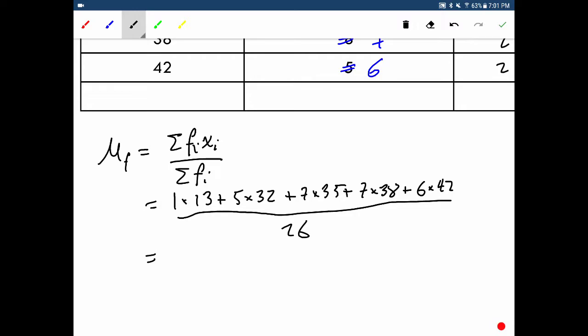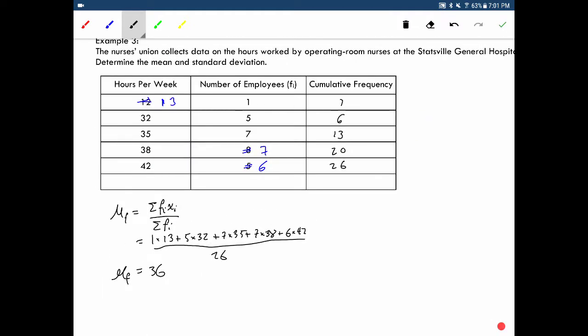You figure out what that is, and it works out to 36. So our mu is 36.